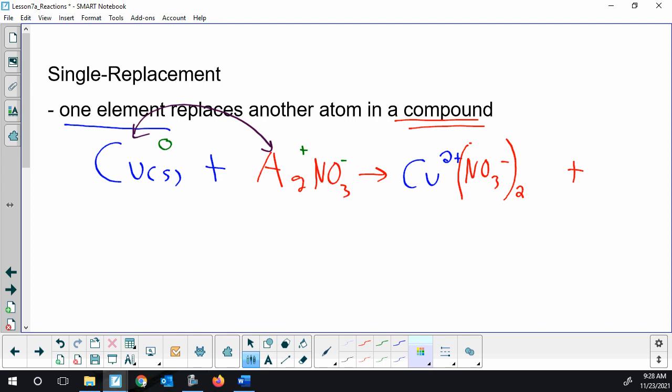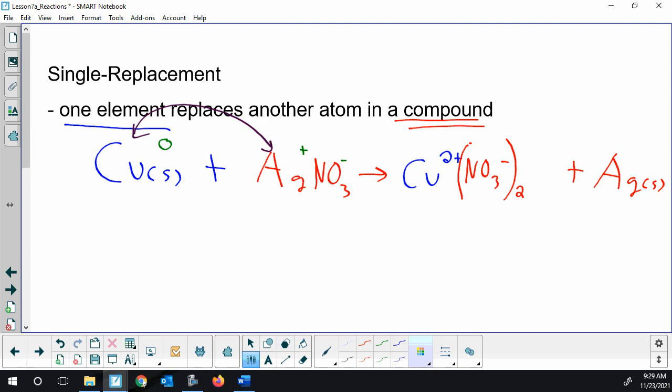We bump the silver out, and that's going to come out all by itself. Silver is a metal, so elemental metals are just one solid. So those are the pieces to our chemical reaction.